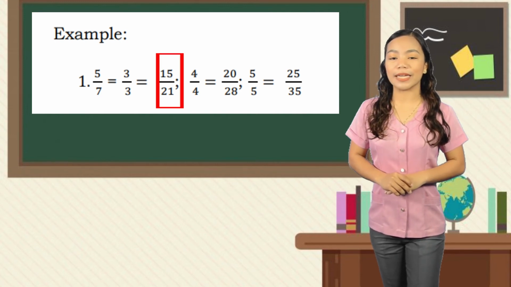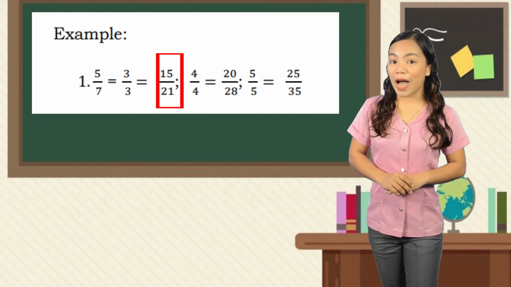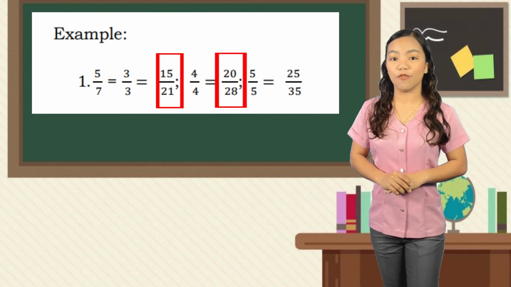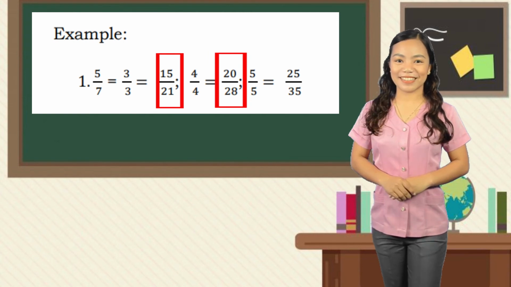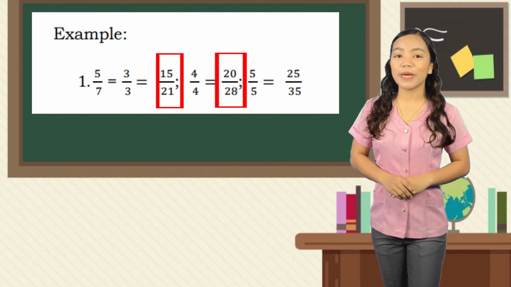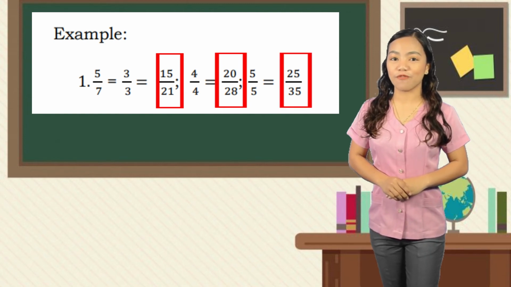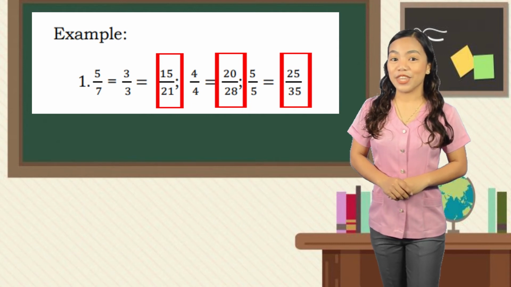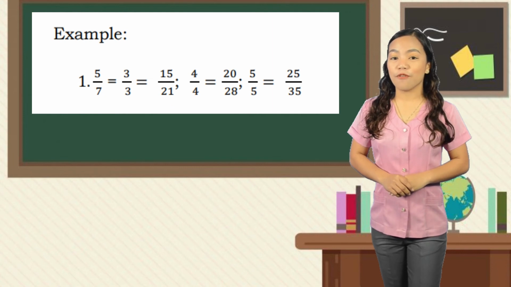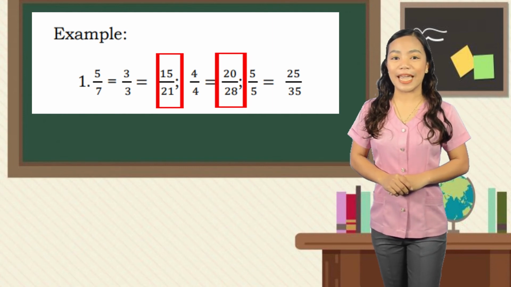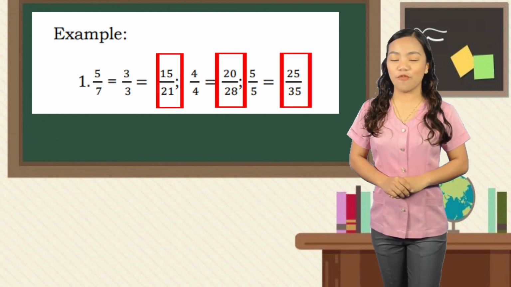When we multiply it by 4, it shall be equivalent to 20 over 28. When we multiply it by 5, it shall be equivalent to 25 over 35. The answers shall be 15 over 21, 20 over 28, and 25 over 35.